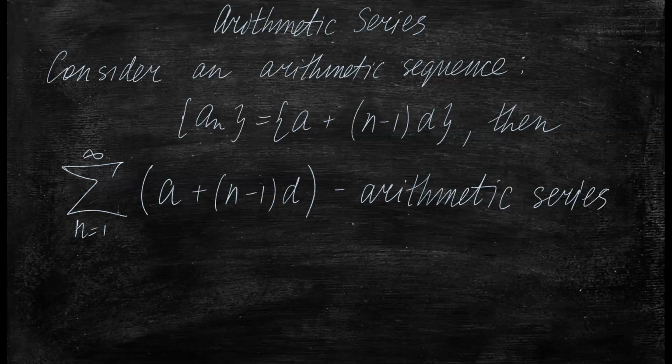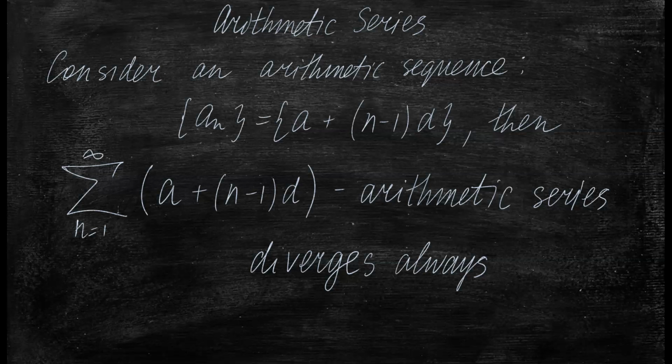but what makes arithmetic series so boring is the fact that they always diverge. Basically, there is nothing interesting going on with arithmetic series. Regardless of what a and d are, the sum of infinitely many numbers, none of which is approaching 0, will be equal to infinity.